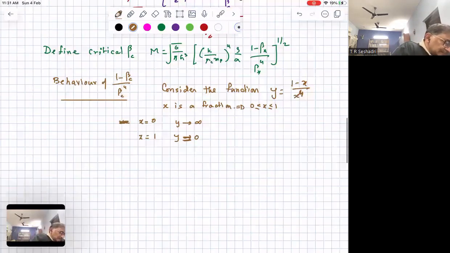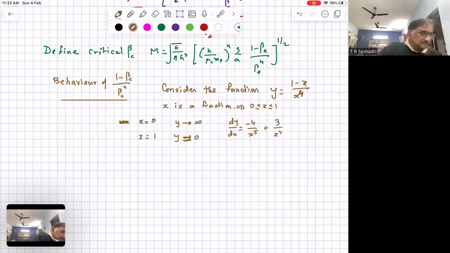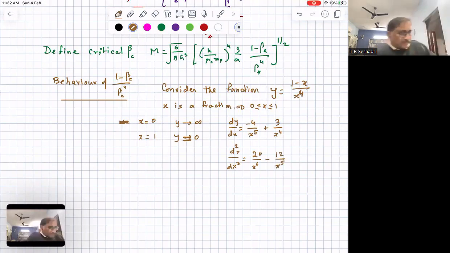Let us now see the behavior of dy/dx. If you just calculate, you will get -4/x^5 + 3/x^4. And d^2y/dx^2 will be equal to 20/x^6 - 12/x^5. Why am I doing this? Let us see how these things behave.